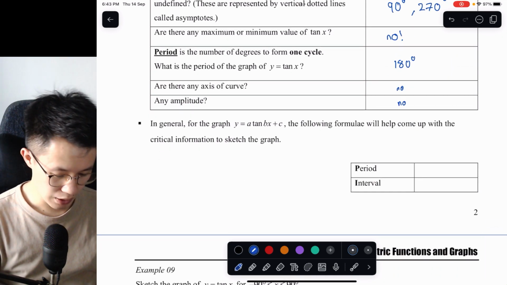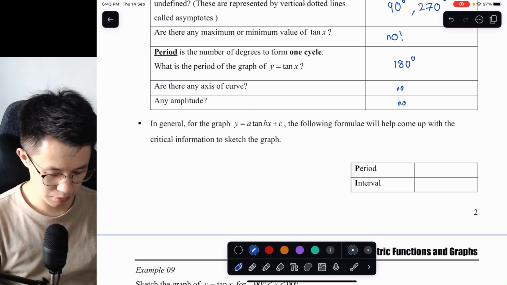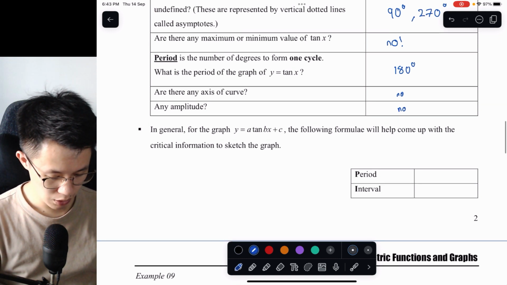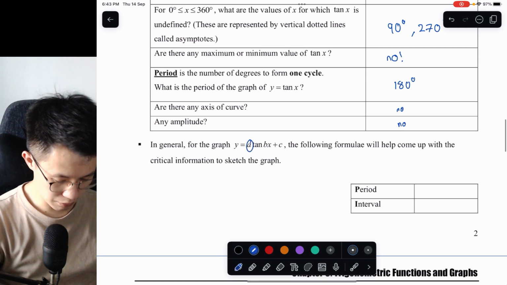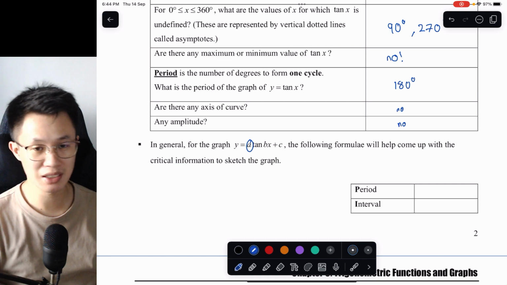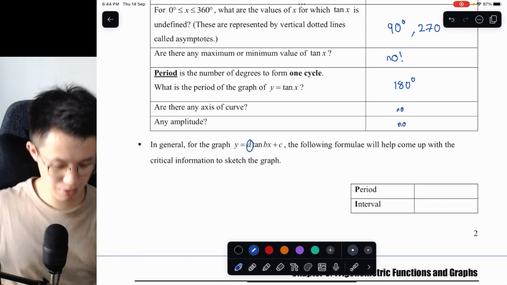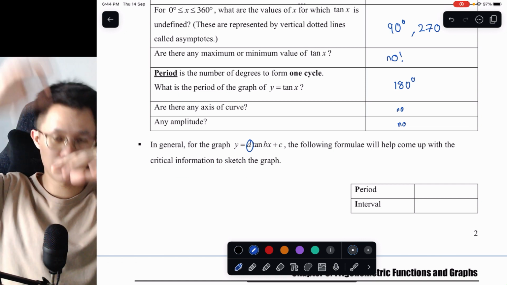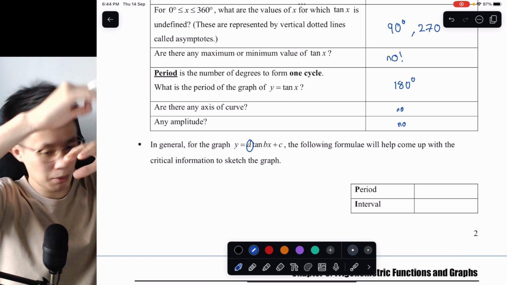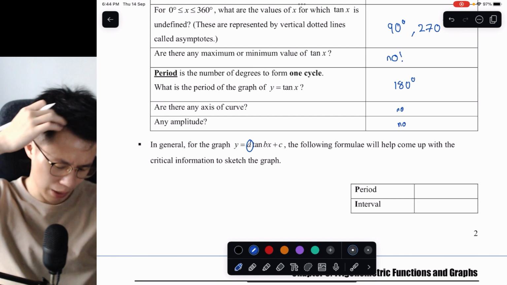So with that, we want to know how to multiply it. In this case, you realize that even if you multiply any value to the tangent, it's going to be the same thing. Remember, you multiply a value to the tangent trigonometry function, thinking you can multiply the amplitude, but in this case there's no amplitude to multiply.